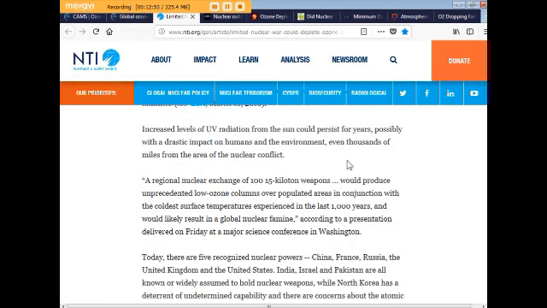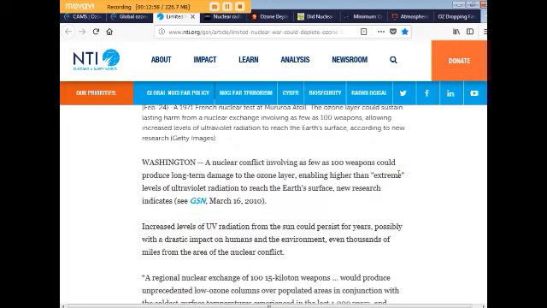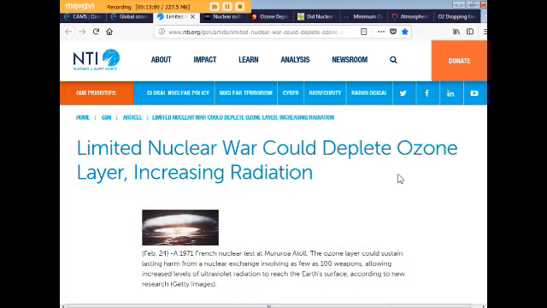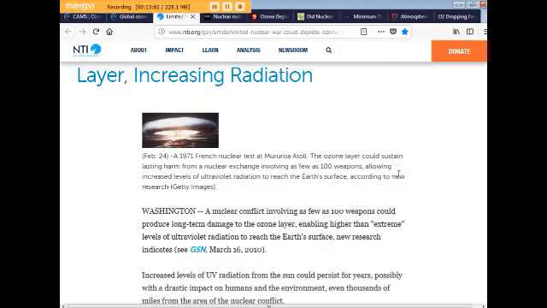These were huge weapons of mass destruction that have been dropped all over the place. Every country that has nuclear weapons tested them, and a lot of them tested above ground, a lot of them below ground, which I believe has its own problems.